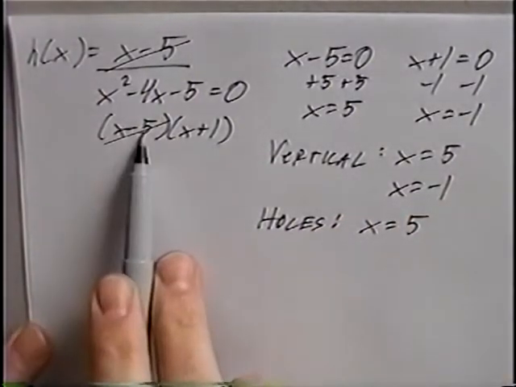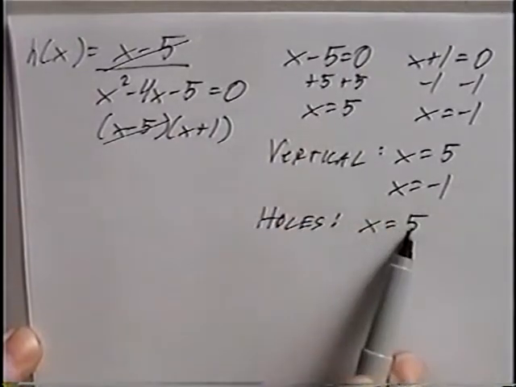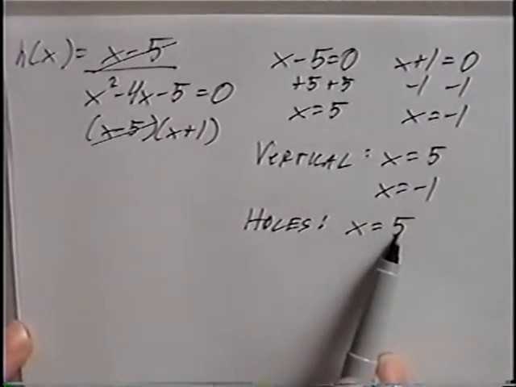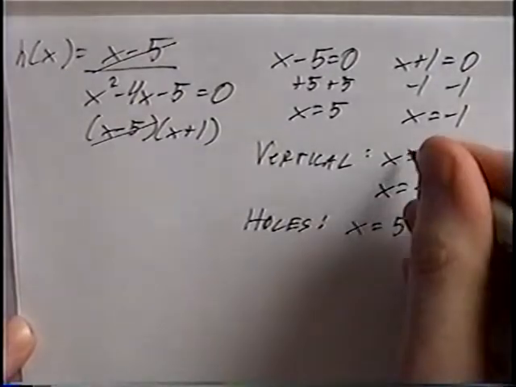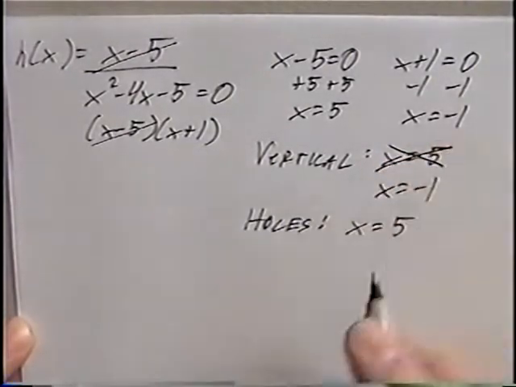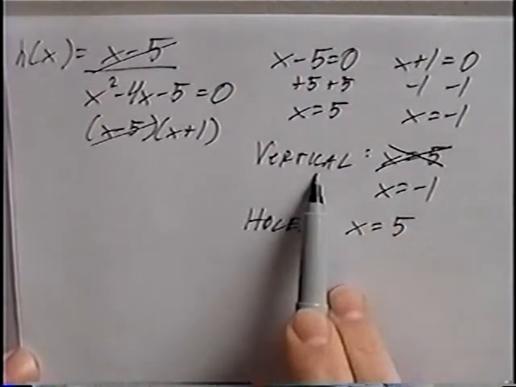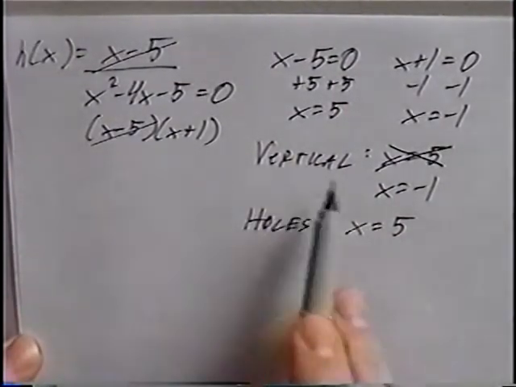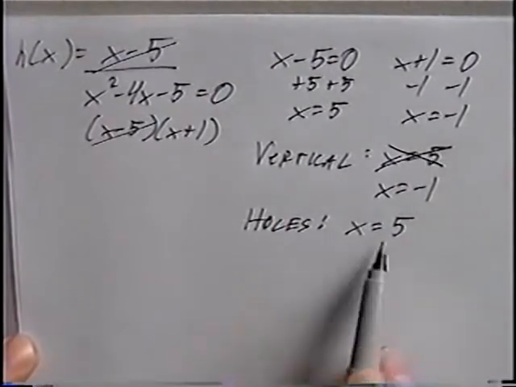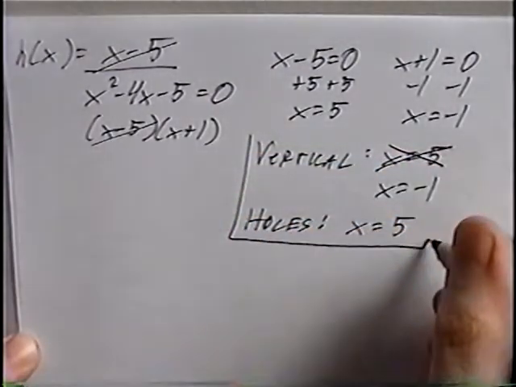So if the factor cancels out, set that equal to 0, and that's a hole. Since we have the same answer for the vertical asymptote, what we can do is cancel that one out. X equals 5 is no longer a vertical asymptote, it is now a hole. So our two answers, vertical x equals negative 1 and a hole x equals 5.